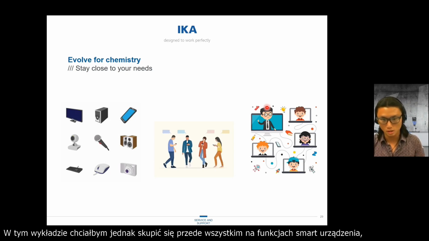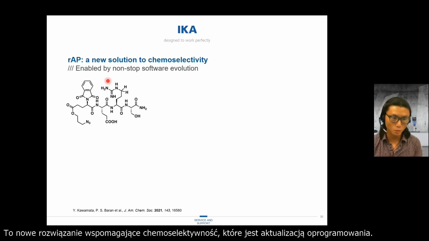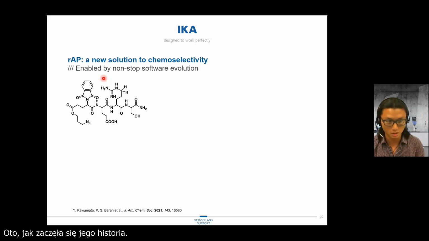But as for today's lecture, I want to focus on the smart device part by introducing a very useful newly invented reaction mode, REP, which is a new solution to chemoselectivity, and it can be achieved by updating your software. And here is how the story began.